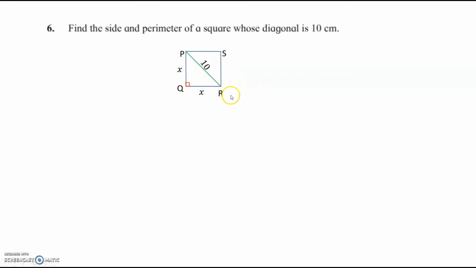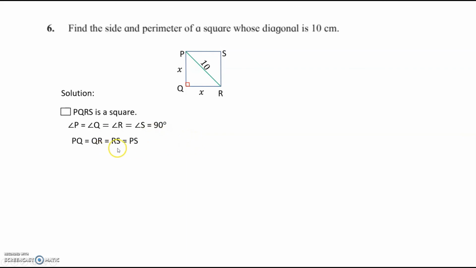So we will consider triangle PQR, and since it's a right angle triangle, we will apply Pythagoras Theorem in triangle PQR and get the value of X. So let's do it. Quadrilateral PQRS, this is a square, so all angles, that is angle P equal to angle Q equal to angle R equal to angle S equal to 90 degrees, and PQ equal to QR equal to RS is equal to PS, that is properties of a square.